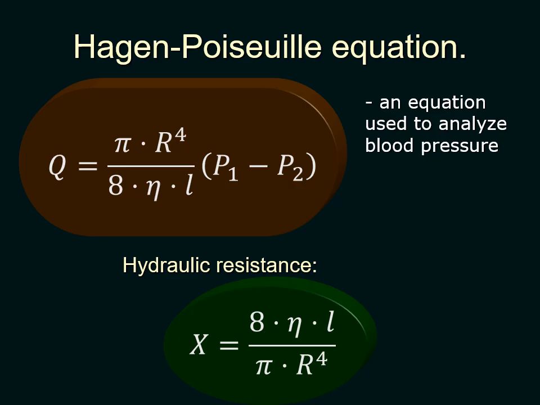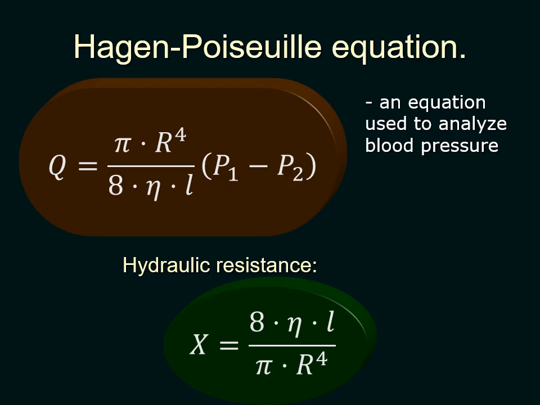Well, this is a constant, and in the denominator, this strong dependence is the radius of the pipe, or the radius of the vessel, to the fourth power. That is, the maximum dependence of the hydraulic resistance is on the lumen of the pipe or the lumen of the vessels.